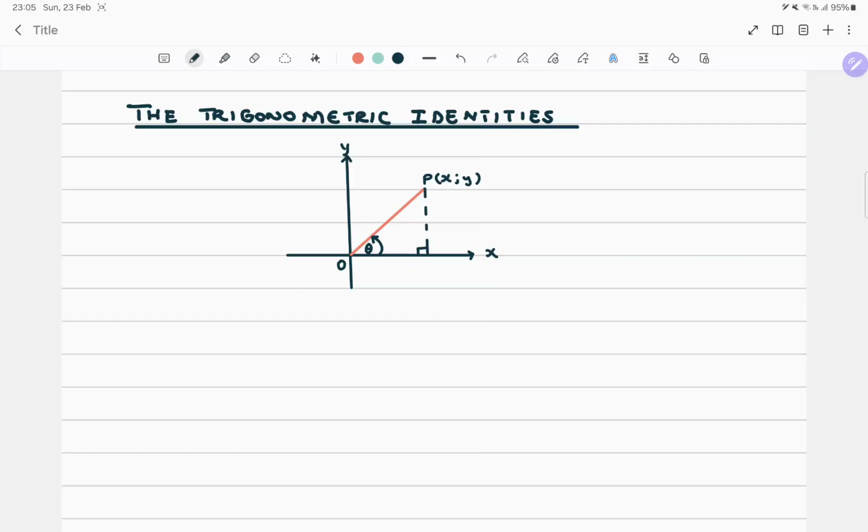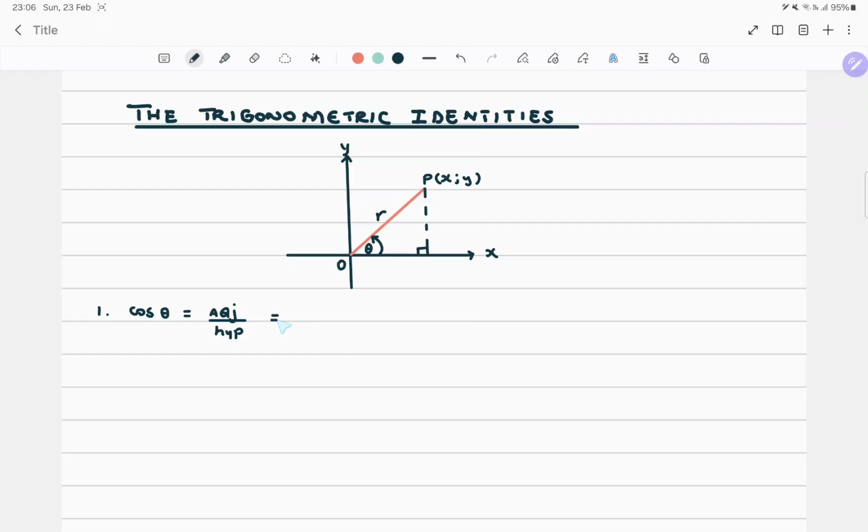Now we know that the trig ratios are built from this right-angled triangle, such that, number one, cos of theta is defined as the adjacent over hypotenuse. And of course we call the hypotenuse r. I forgot to label it.